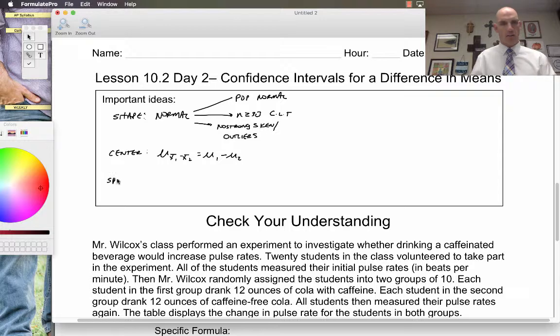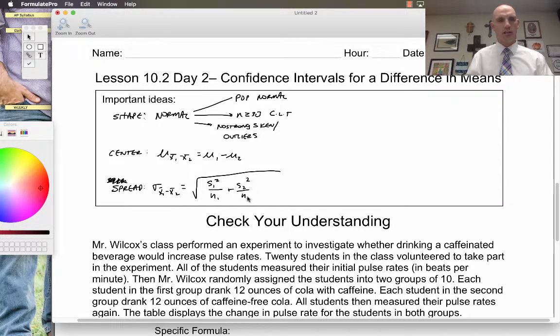Our spread, important, because this is going to be our standard error. Sorry, not our point estimate, our standard error. The standard error of x bar 1 minus x bar 2 is equal to, and this is that formula that we just used, right? The square root of our standard deviation of our first one squared over n1 plus our standard deviation of our second one squared over n2.